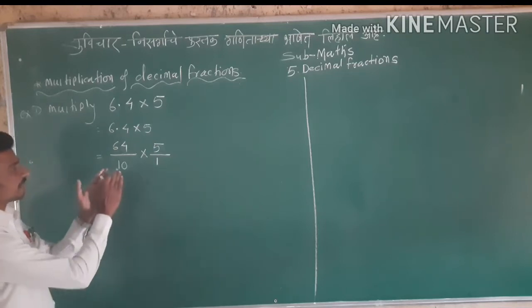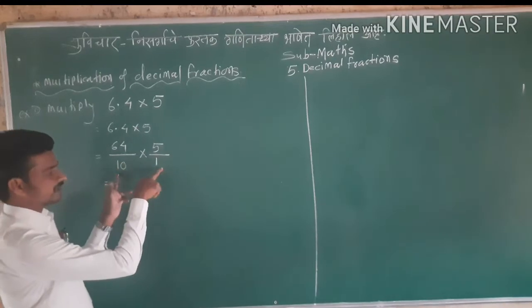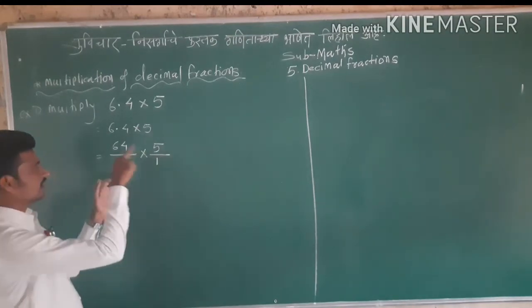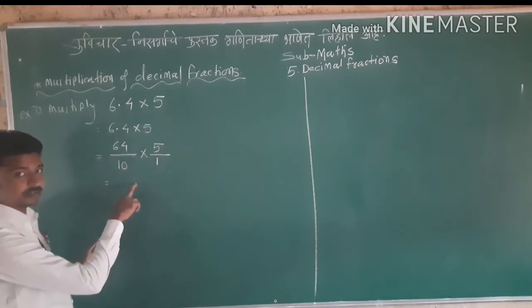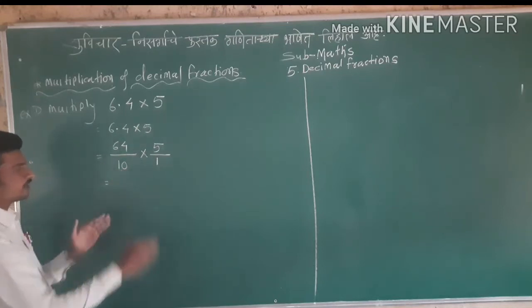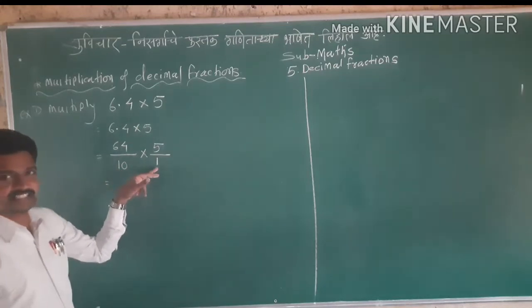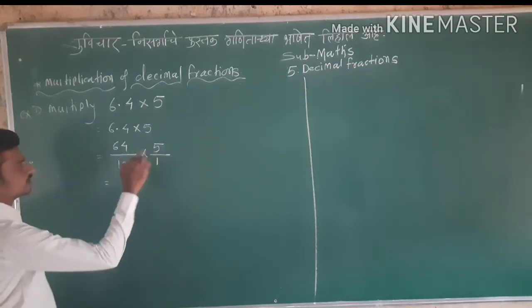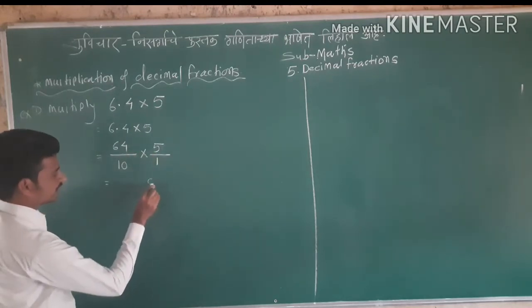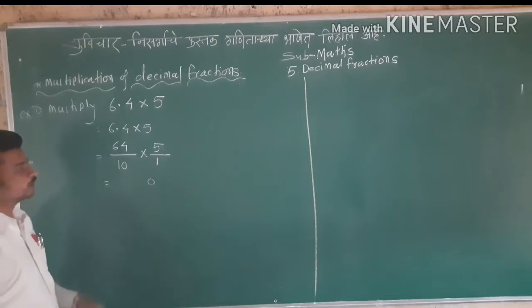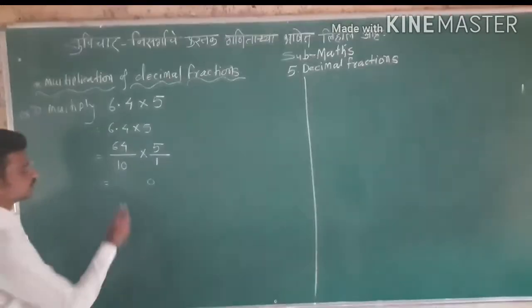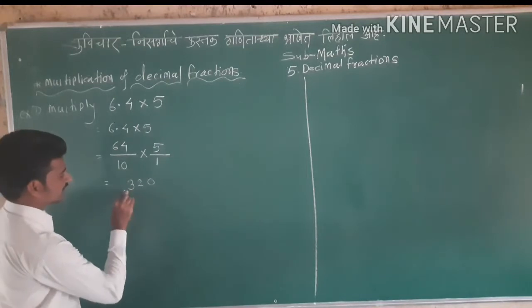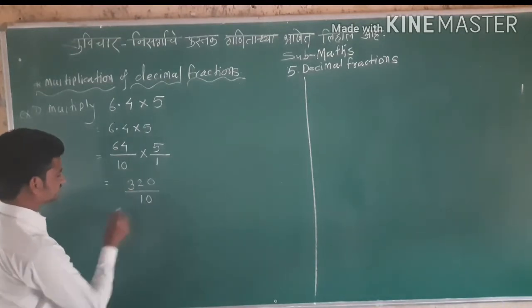When we multiply a fraction by a fraction, we write the product of numerators in the numerator place and the product of denominators in the denominator place. So 5 4s are 20, carry over 2. 5 into 6, 30 plus 2, 32 upon 10.